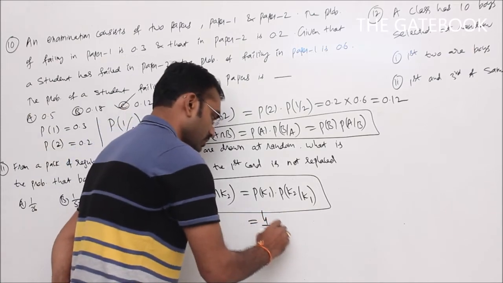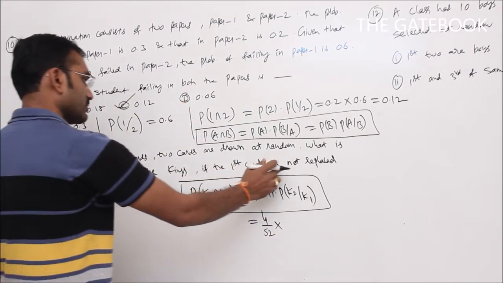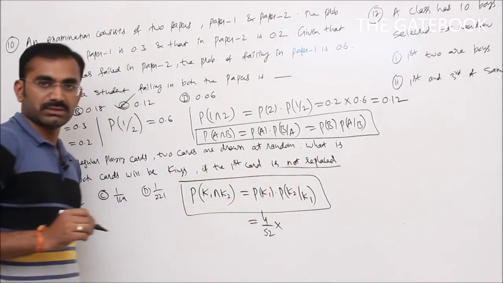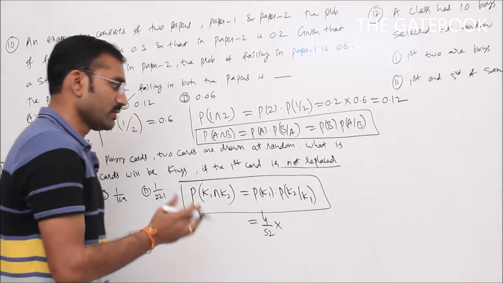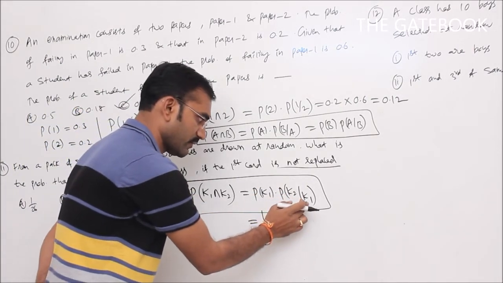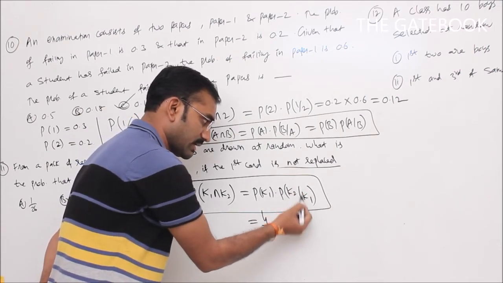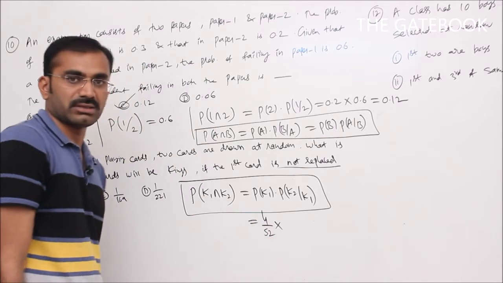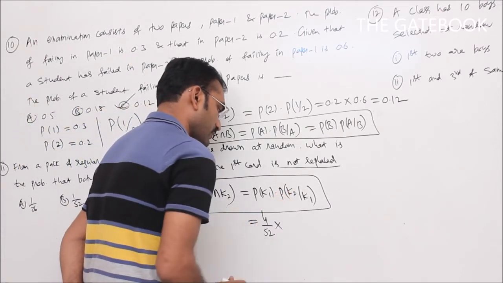Into, here it is given that the card is not replaced. So without replacing that first king card, we are going for drawing the second king card. So here P of K2 given K1 is nothing but the probability of drawing the second king card under the condition that the first king card is not replaced. So if the first king card is not replaced, what about the total number of cards?